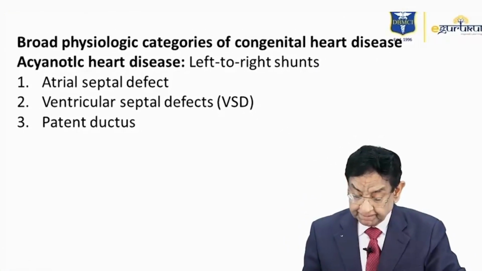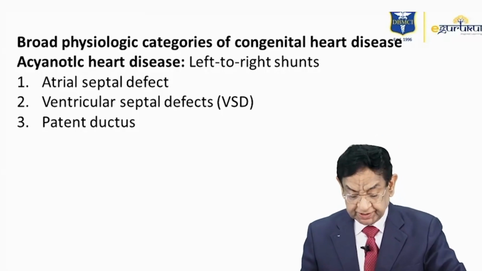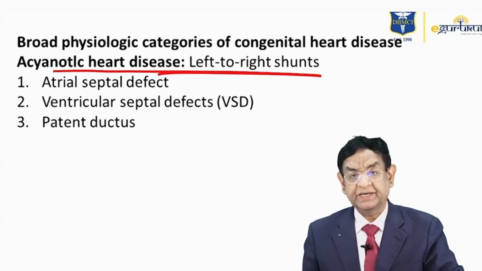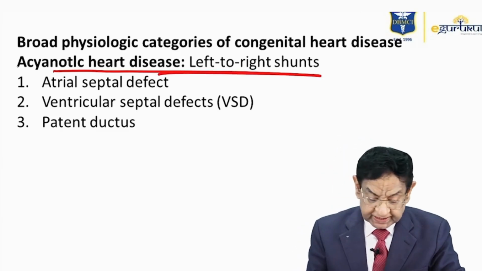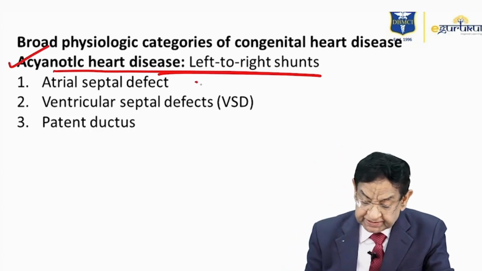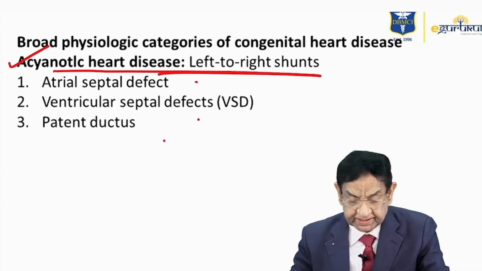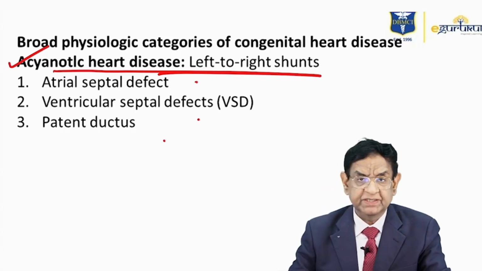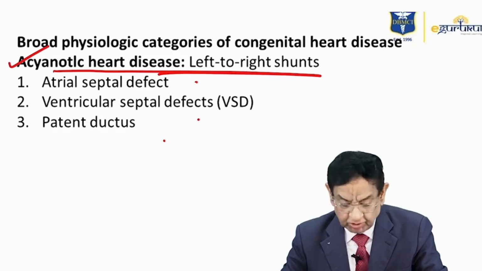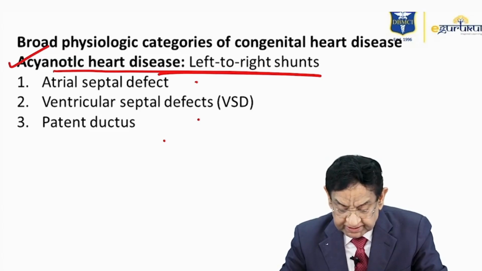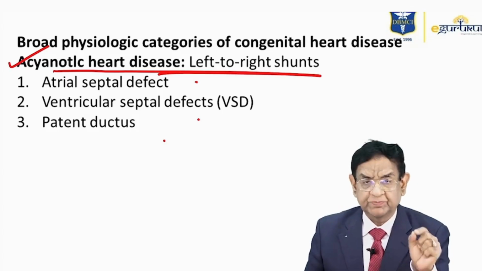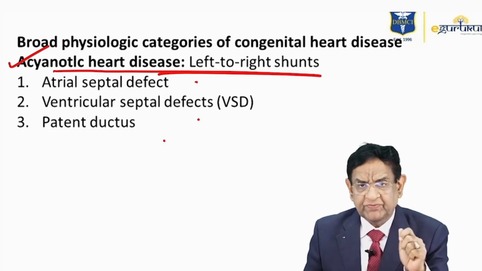So now I'll be talking to you regarding left to right shunt, which we call acyanotic heart disease. ASD, VSD and PDA are the three classical diseases included in this category, so-called acyanotic, and in acyanotic also we further classify into two.